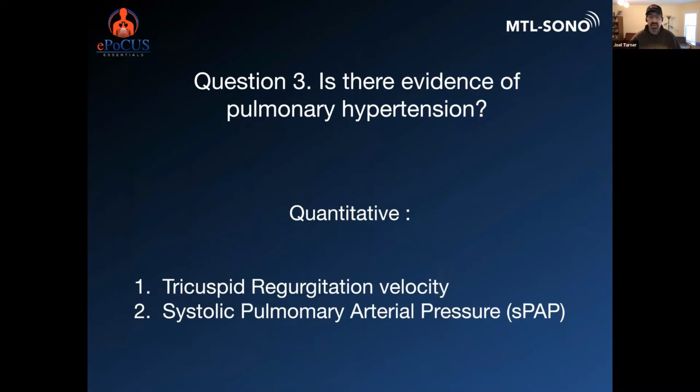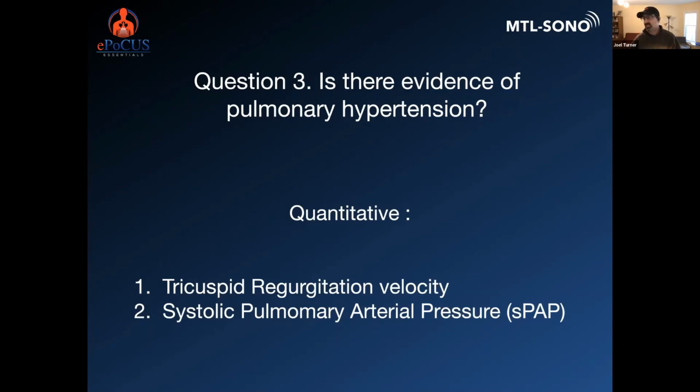Now, those are your qualitative 2D assessments. If you actually want to start to measure the actual pressure or the presence of pulmonary hypertension, you can use quantitative measures. The only real way that is done is cardiologists send these patients to the cath lab, and that's the actual way of measuring the evidence of pulmonary hypertension.